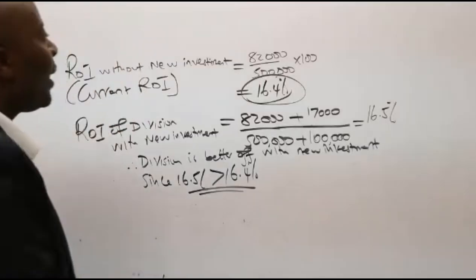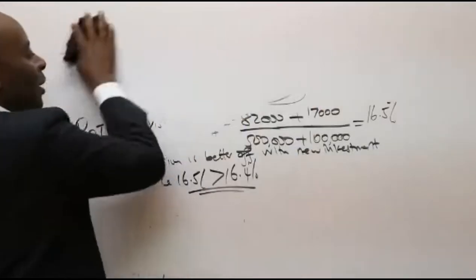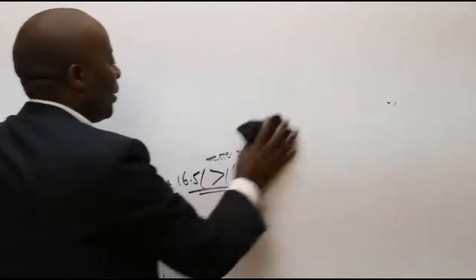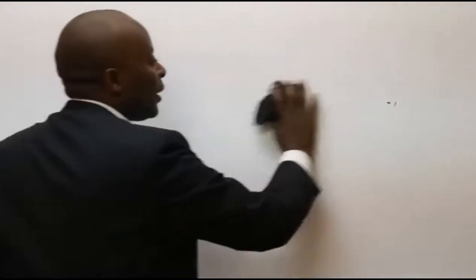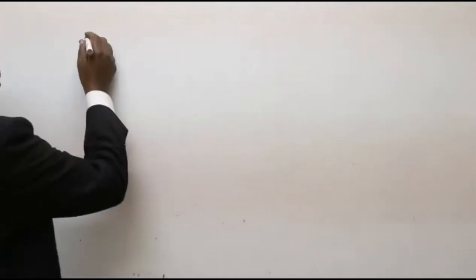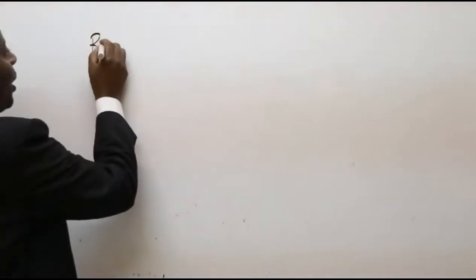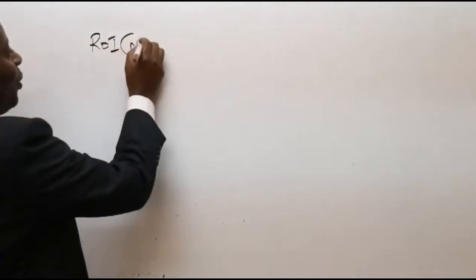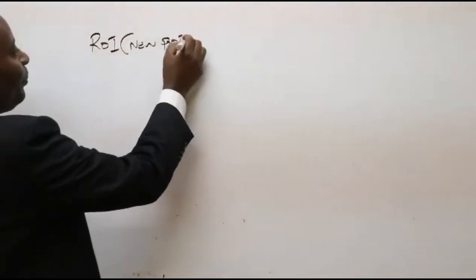So what they're telling us, ladies and gentlemen, is that everything else remains as we were told up there, except for the fact that we have a new project. They would want me to calculate the ROI of the new project alone.